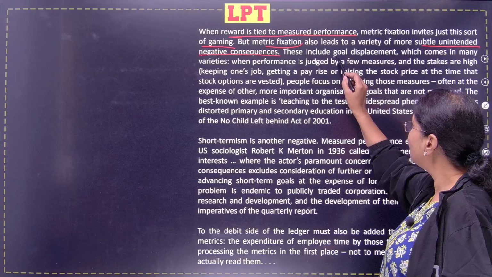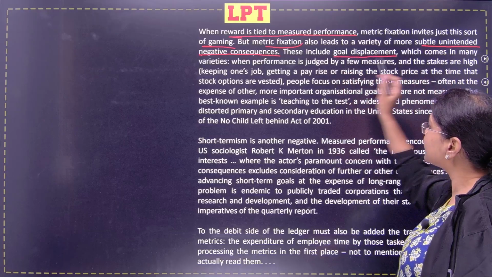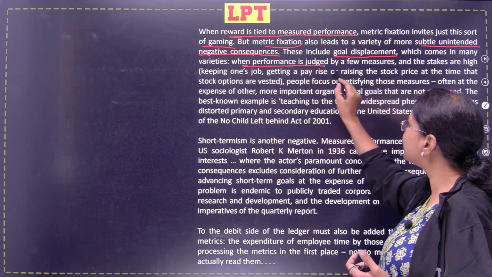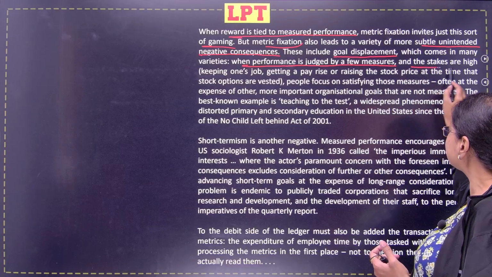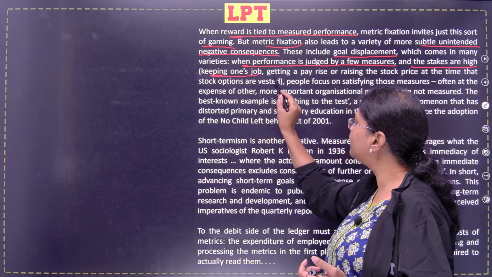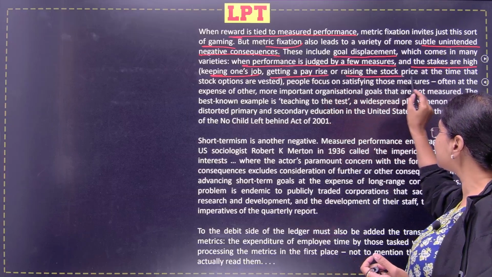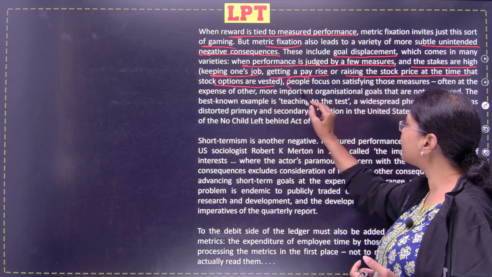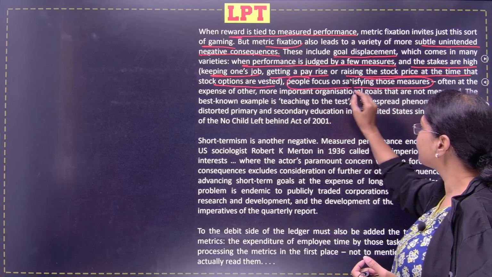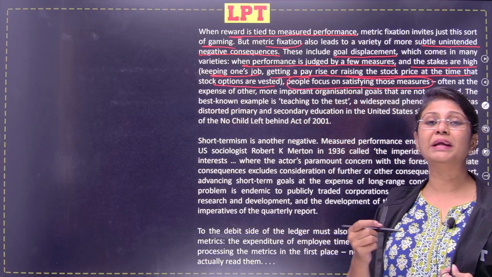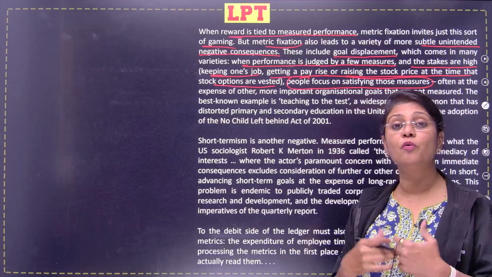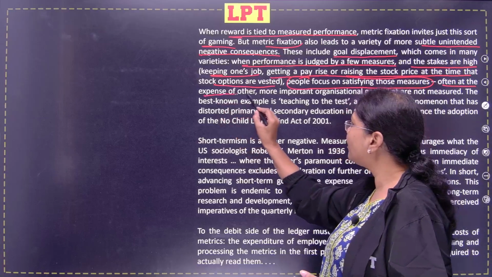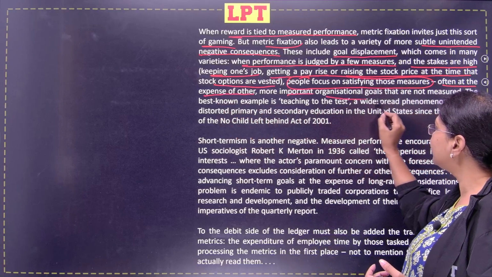These include goal displacement, which comes in many varieties. When performance is judged by a few measures and the stakes are high, such as keeping one's job, getting a pay rise, or raising the stock price at the same time that stock options are vested, people focus on satisfying those measures, often at the expense of other more important organizational goals.